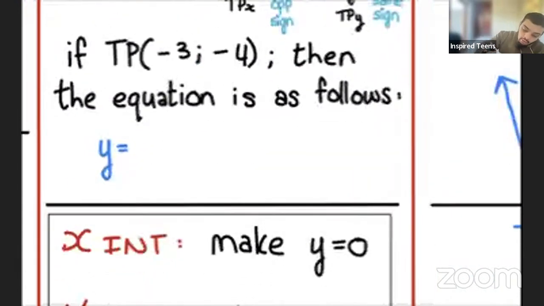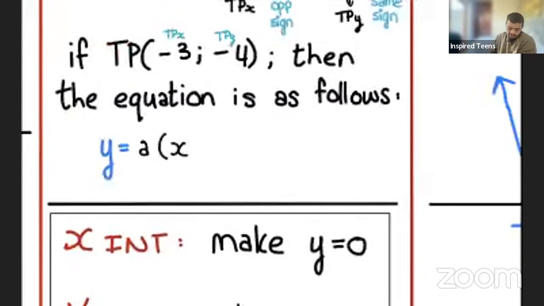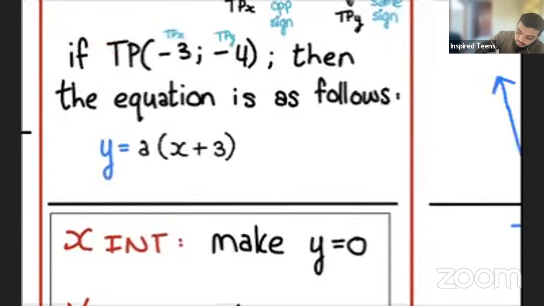So I'm going to have y is equal to a, open brackets, x, and this is turning point x, and this is turning point y, because it's an xy coordinate. The equation is y is equal to a, open brackets, x plus 3, opposite sign, squared, minus 4, always the same sign.